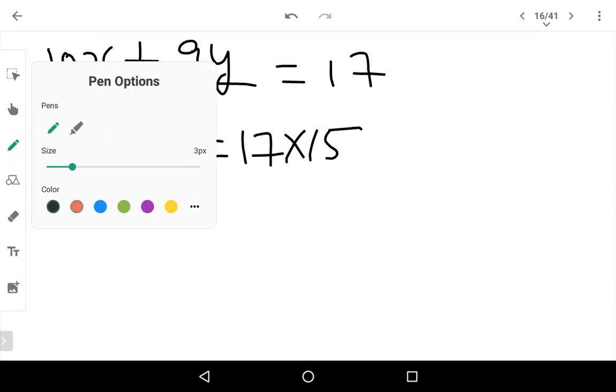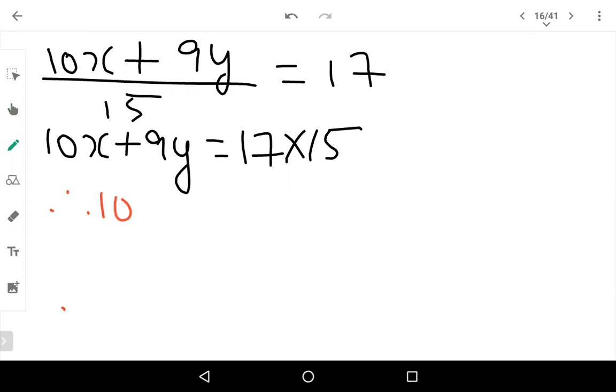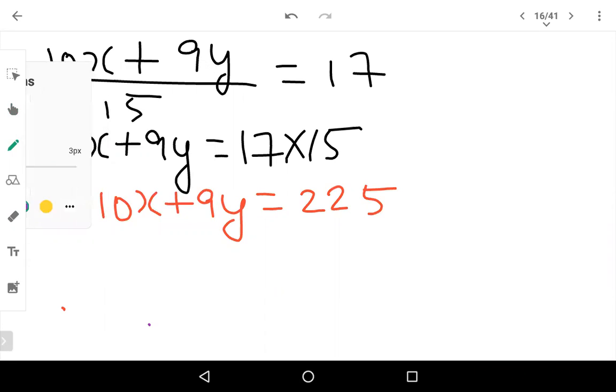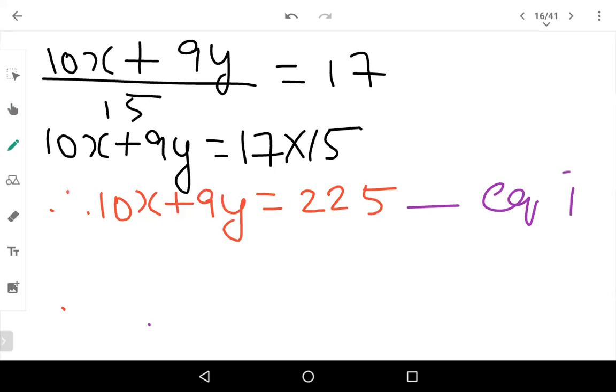Therefore, 10x plus 9y is equal to 17 into 15. I will get 255. So this is going to become my equation 1. After simplification, this will be equation 1. Yes, correct, x is equal to 12, y is equal to 15.